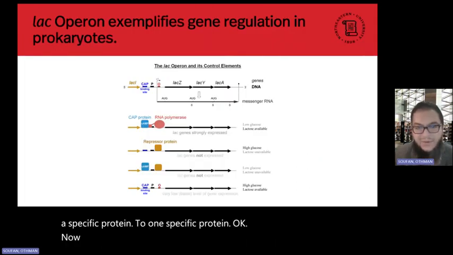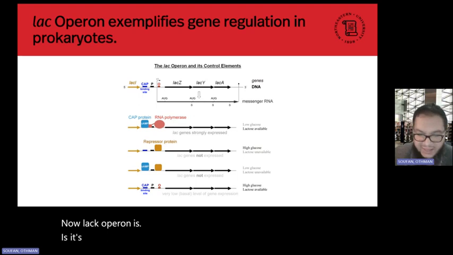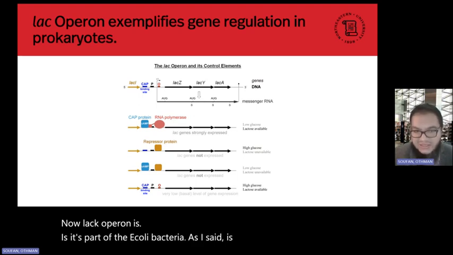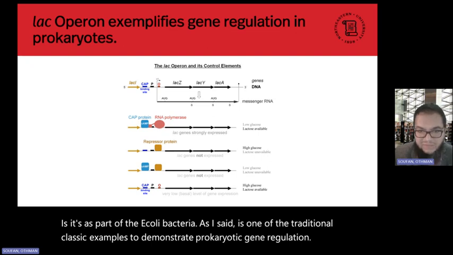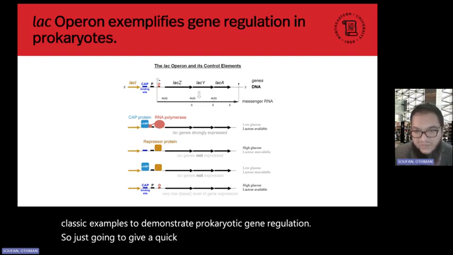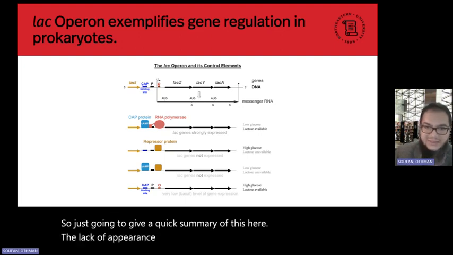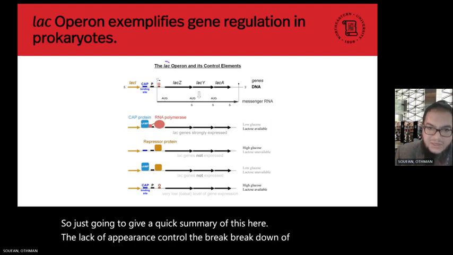Now, the lac operon is part of the E. coli bacteria. As I said, it is one of the traditional classic examples to demonstrate prokaryotic gene regulation. So I'm just going to give a quick summary here. The lac operon controls the breakdown of lactose.